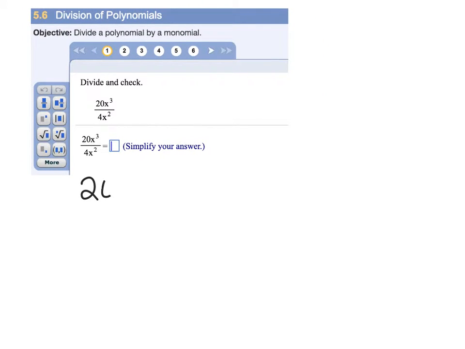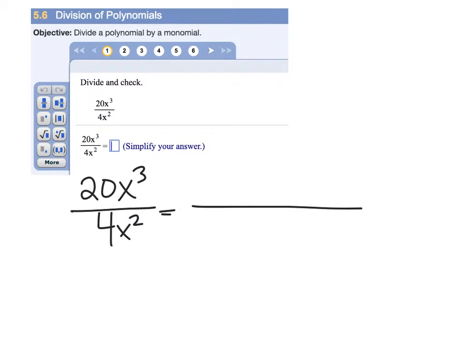You're going to take that 20x cubed over 4x squared, and you're going to write both of those in expanded notation. So 20x cubed is going to become 2 times 2 times 5 times x times x times x. Now, where the heck did I get that?